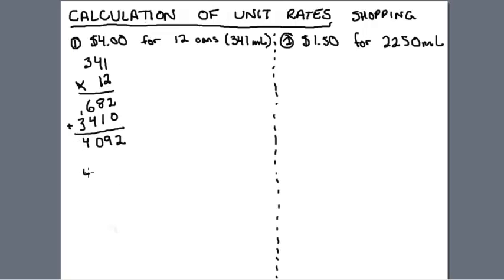So that means that you're getting 4,092 milliliters for your $4.